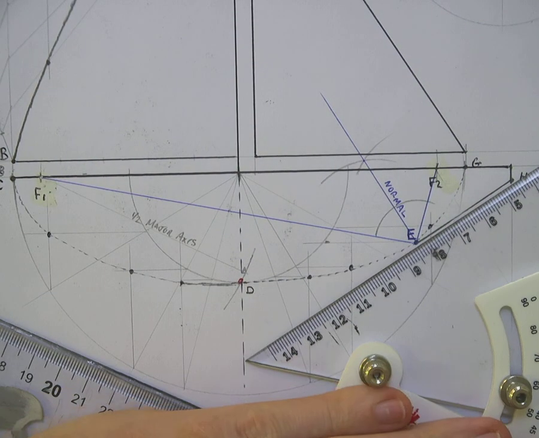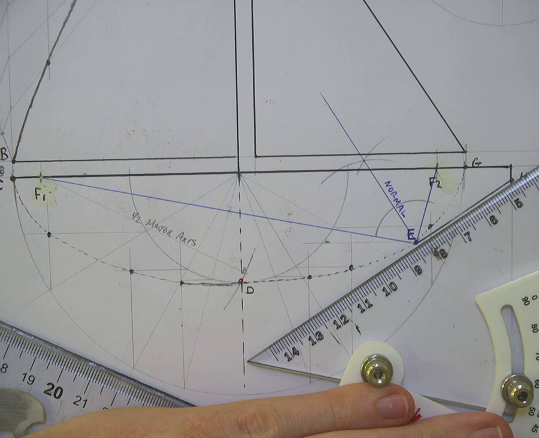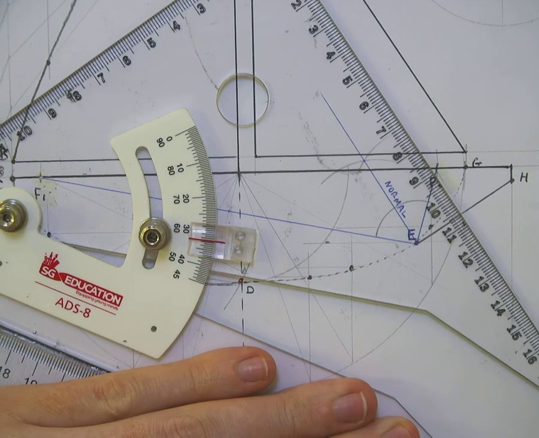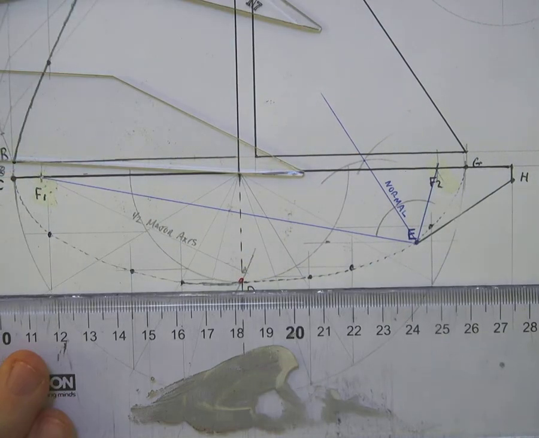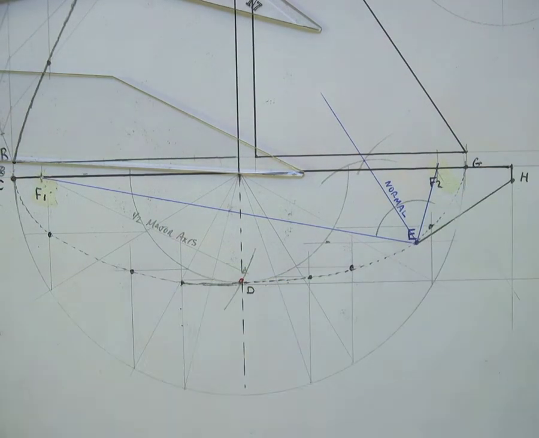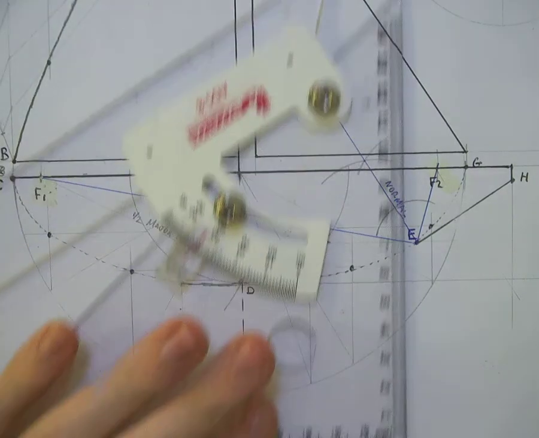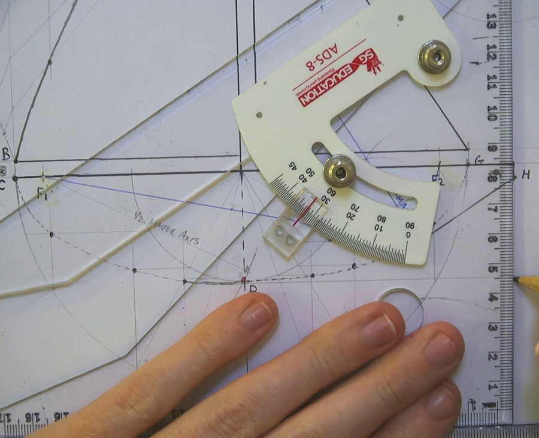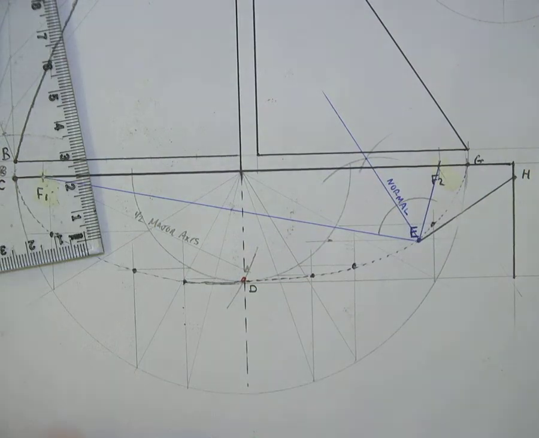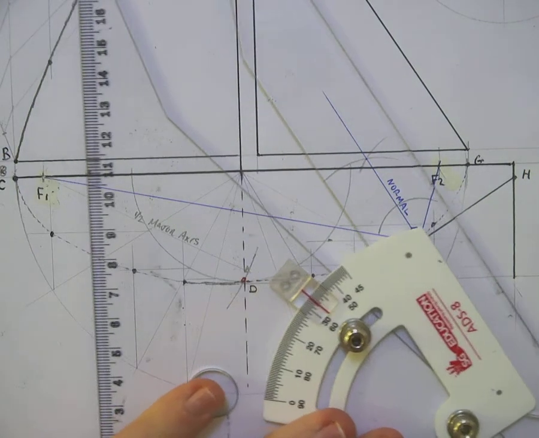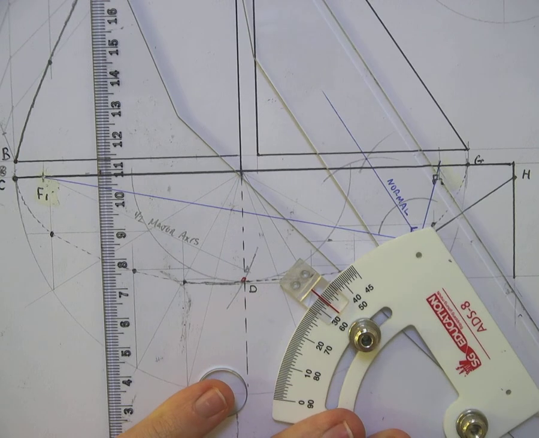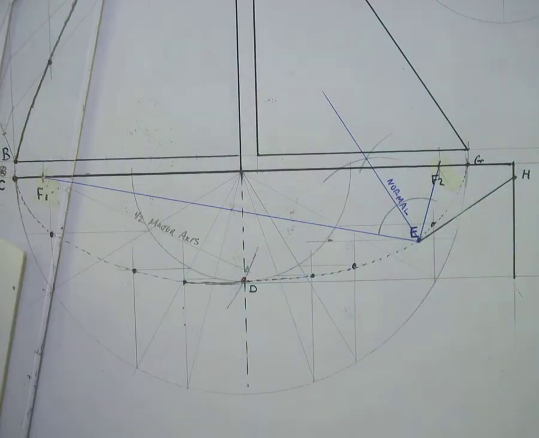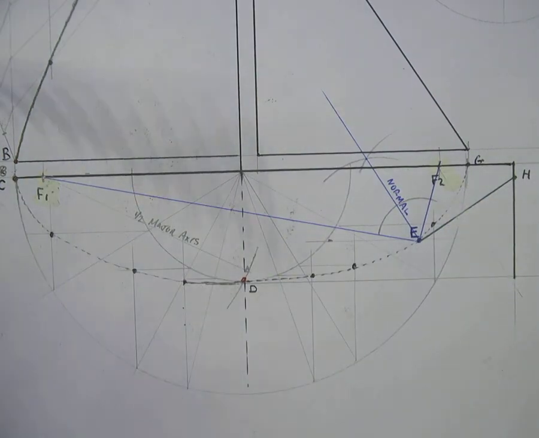I'm just going to get my set square. Suppose it should look something like this. Slide it on like that there. And we're going to come out from D here anyway, so I'll draw a construction line out from here. Want to check that there.